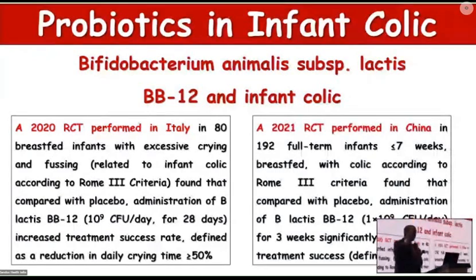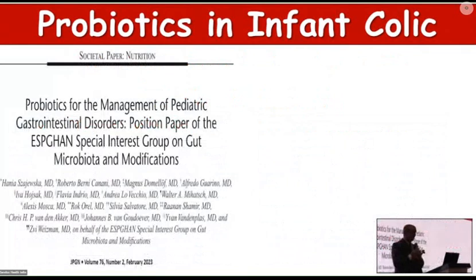Another randomized controlled trial was done in China on 192 full-term breastfed infants, less than 7 weeks old, with colic, also given 10 to the power of 9 colony forming units of BB12, and this improved the colic.